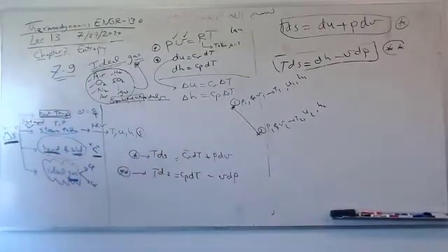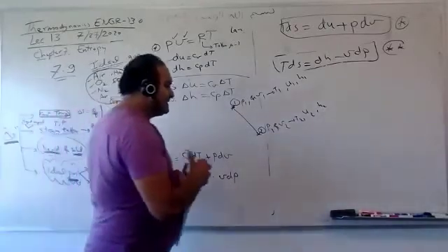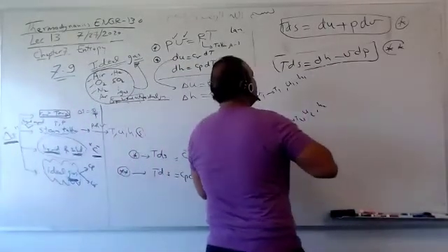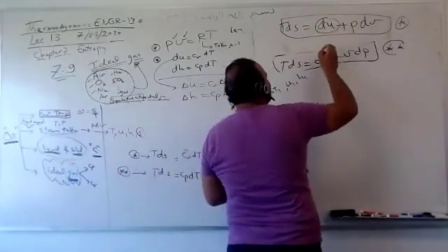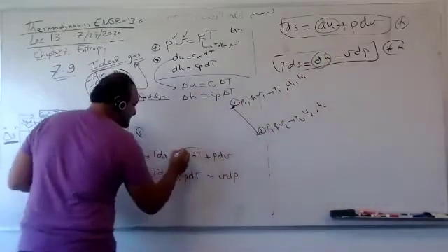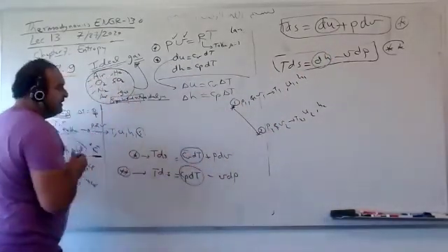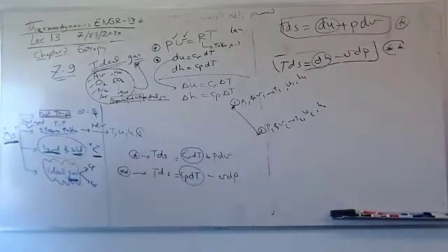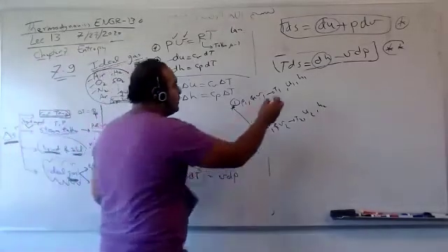What I did, I replaced delta U, which is always correct, or delta H, by the ideal gas correlations, the definition of delta U and delta H for ideal gases. Does it make sense, guys? We wish to get S1 here.